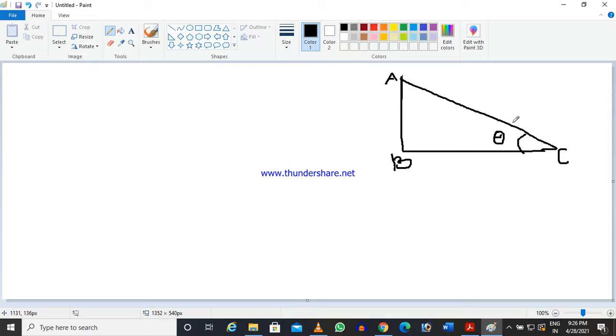This side AC is the hypotenuse, and say that is X. Now you have to express BC and AB in terms of X and theta.